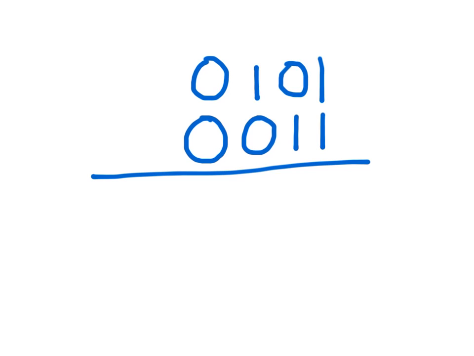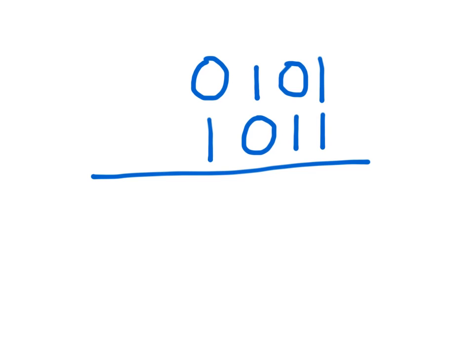Now, in binary, because you either have a 1 or a 0, you only have to do the multiplication one time. In fact, let's just make this a little more interesting. Let's add a 1 here as well. So now we're saying 5 times 11. So you only have to do the multiplication once for a 1 because it's going to be the exact same thing for all of the other 1s.